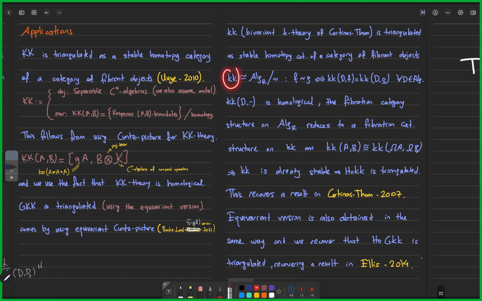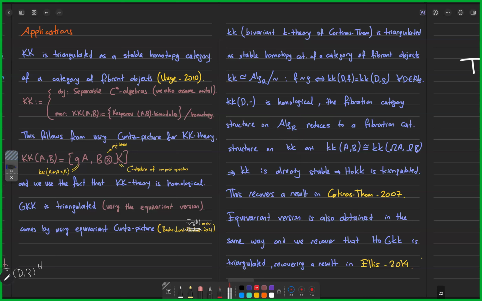We can create a category of fibration objects structure on small kk by quotienting the prefibration category structure on algebras that we just mentioned in the examples. Here, the relation is that f is equivalent to g if and only if the induced maps on algebraic K theories are the same. This functor is homological, and due to a result by Uuye, this fibration category on algebras can be reduced to this quotient category.